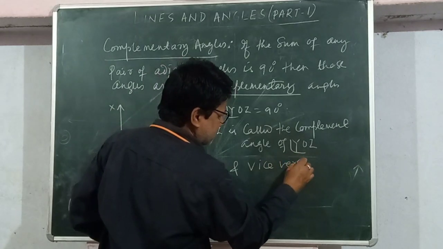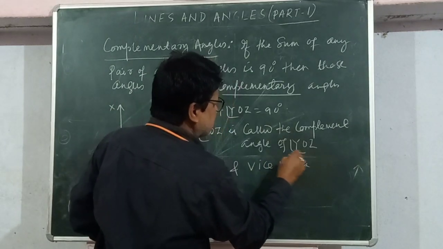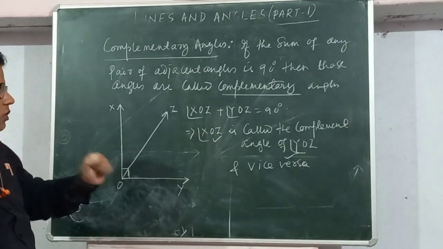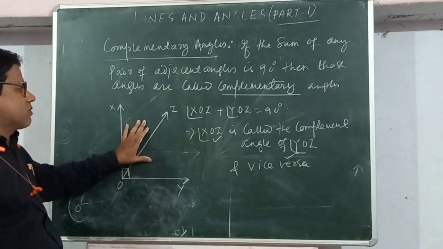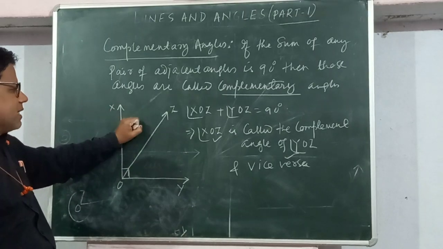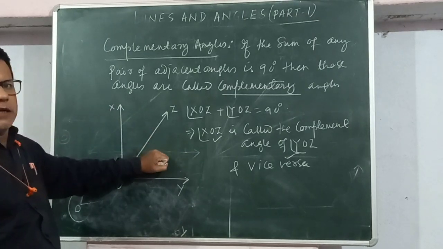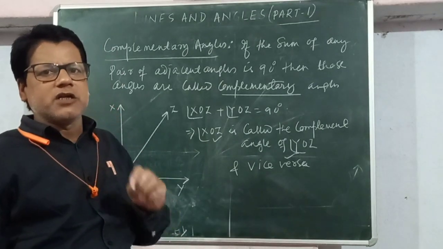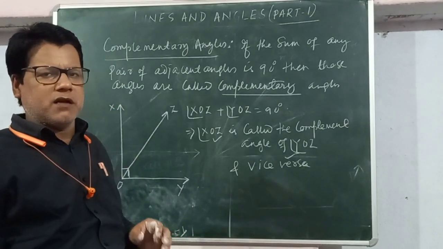Vice versa means YOZ is also called the complement angle of XOZ. So here you reach the conclusion that the sum of an angle and its complement angle is always 90 degree.